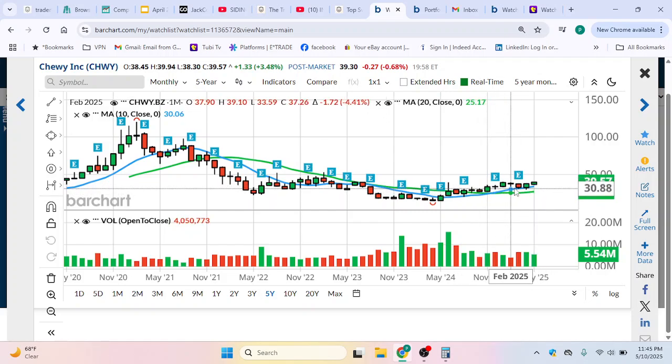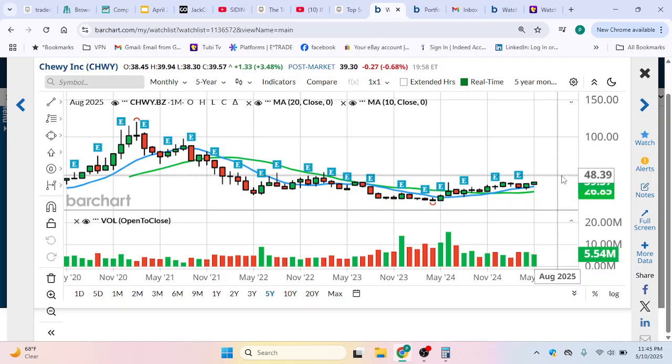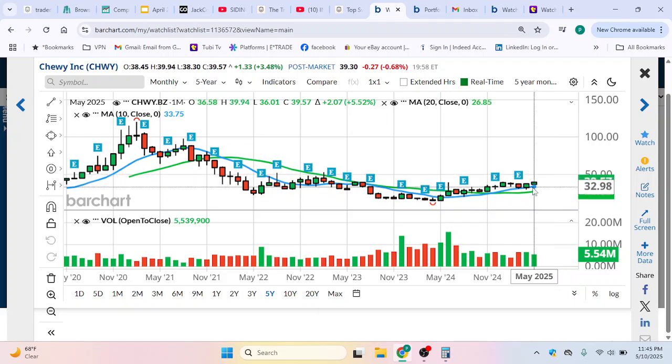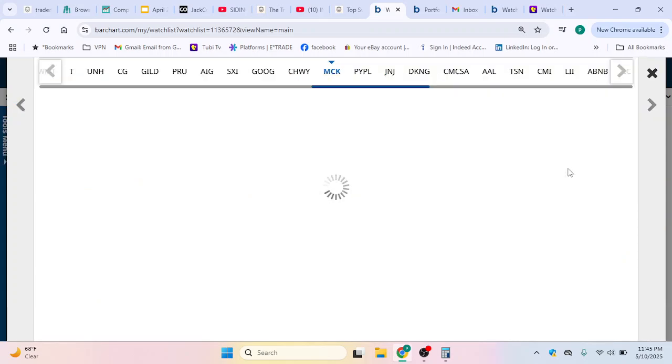It's not trading above all the moving averages. So to me, Chewy looks like, for the time being, a slow, steady performer this year, even from last year. And it looks like Chewy's making its way back up towards $50 or higher. So that's why I'm in Chewy at this time.